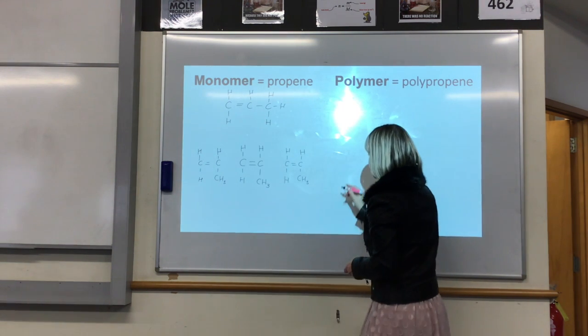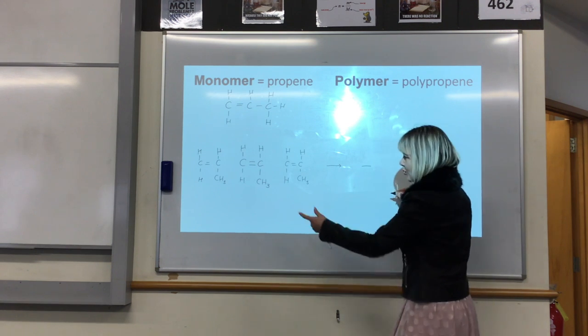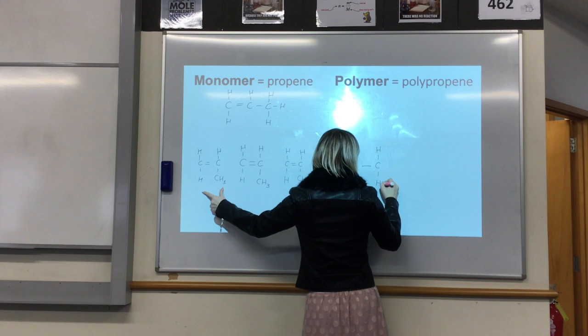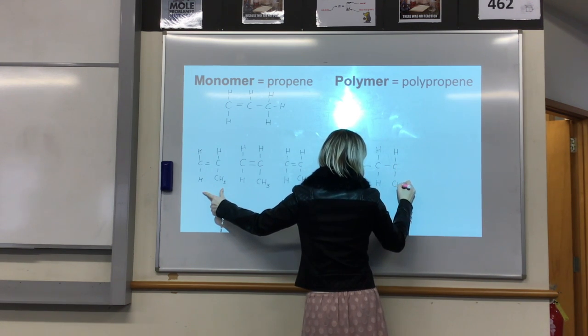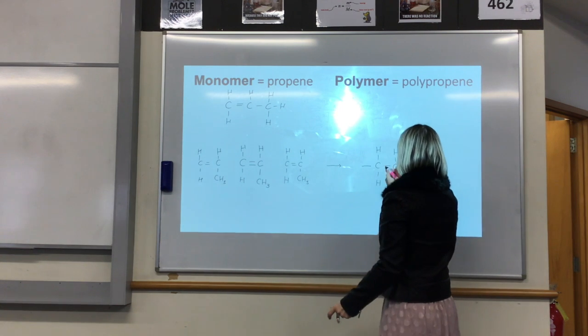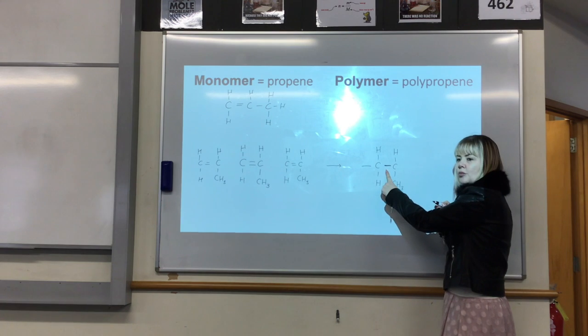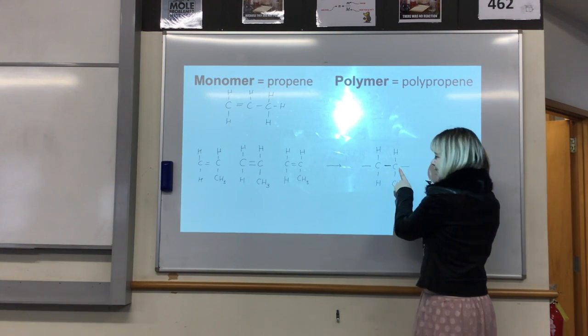So now when I draw the polymerization, I would draw this, but instead of having a double bond, I'm going to break that double bond. Okay, so this was a double bond in here, but now it's just a single bond. And then this enables it to join on to the next one.